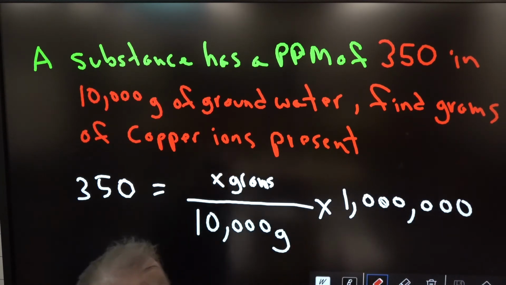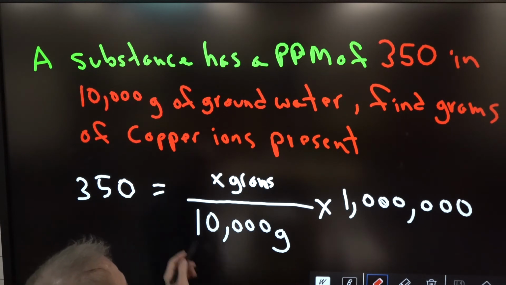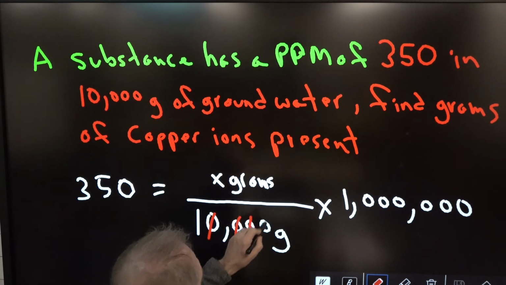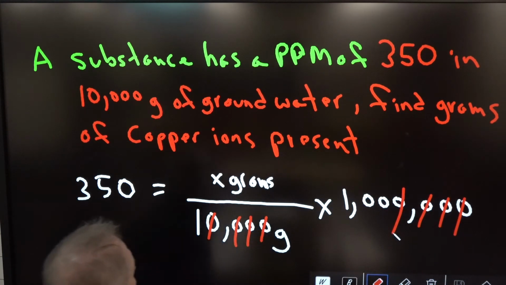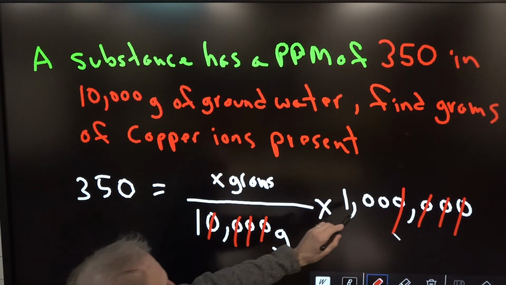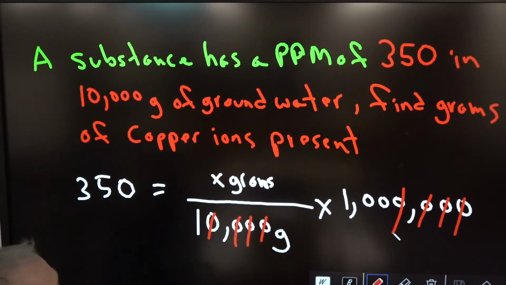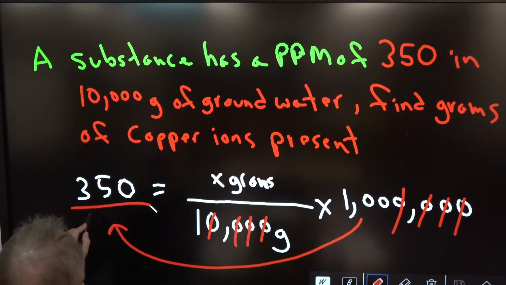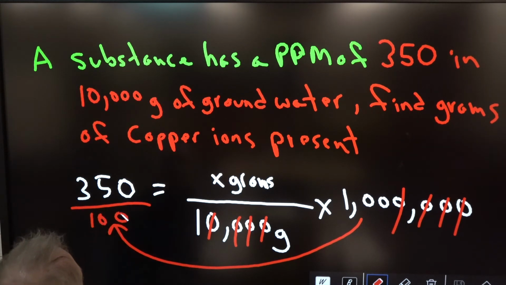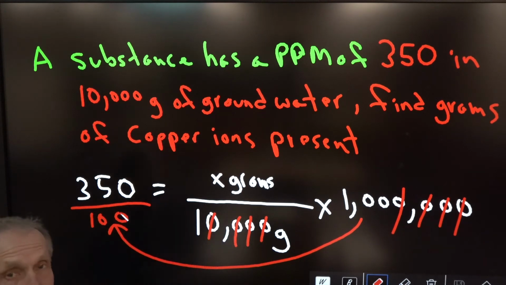Okay, so what we have to do is this. We can knock off 1, 2, 3, 4 with 1, 2, 3, 4. So now we have 100x equals 350. So now all we have to do is take the 100, put it over here, so 350 by 100, and that'll give us how many grams of copper ions there would be.